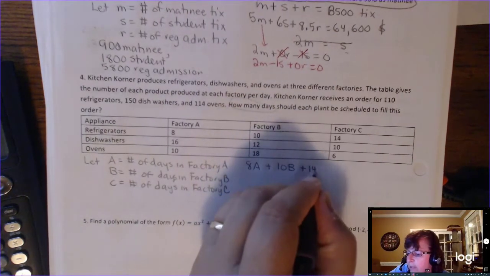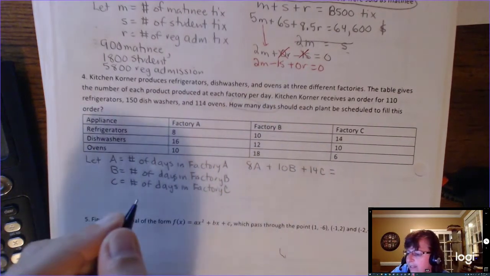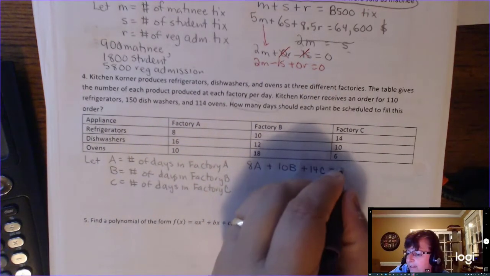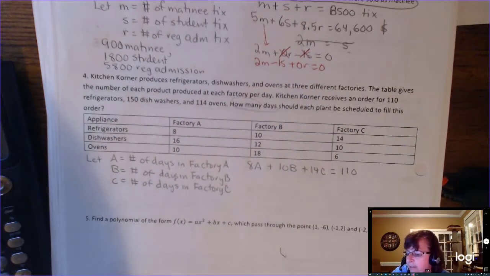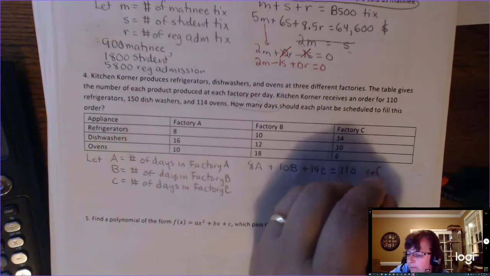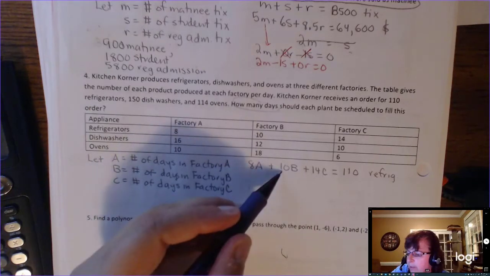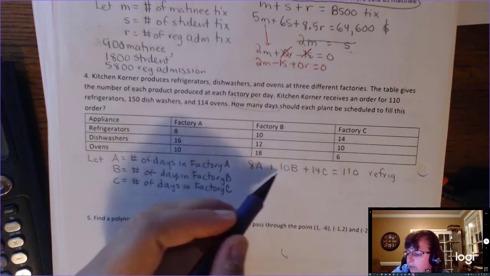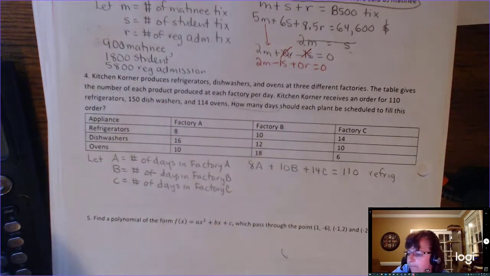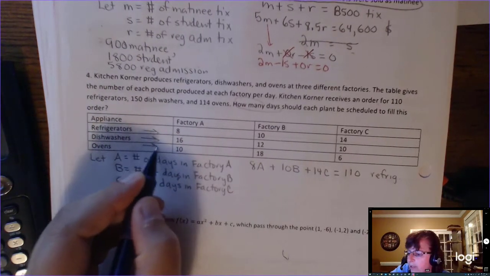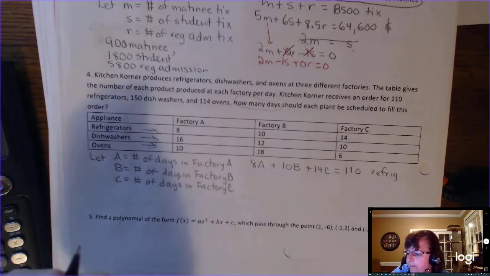And then 14C, that's a certain number of days. And then they want 110. Refrigerator equation. So 8 times A plus 10 times B, that's refrigerator equals refrigerator. So once I figure that out, I know I'm just going to read across this way.